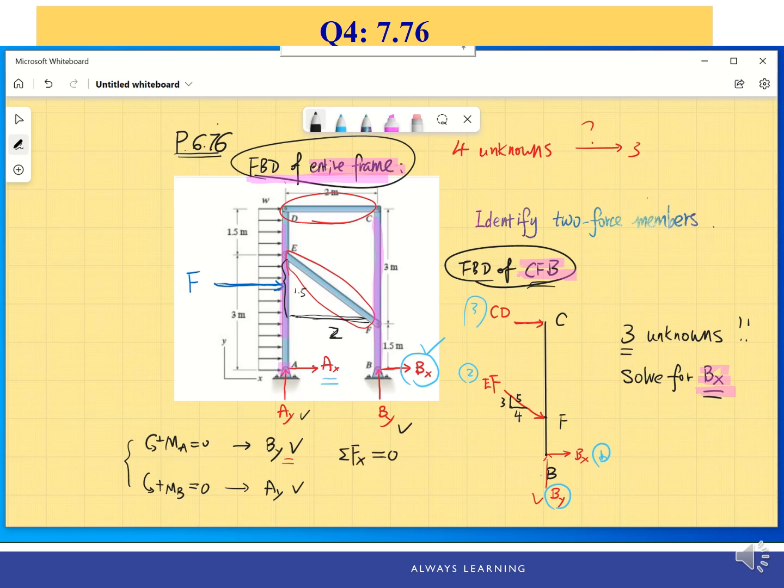You collect all of the X direction forces. One is the applied force F, one is the BX, and one is the AX. You can solve for AX. And all of those forces we are looking for are solved: AX, BX, AY, and BY. So you only need 2 free body diagrams to solve the 4 unknowns.